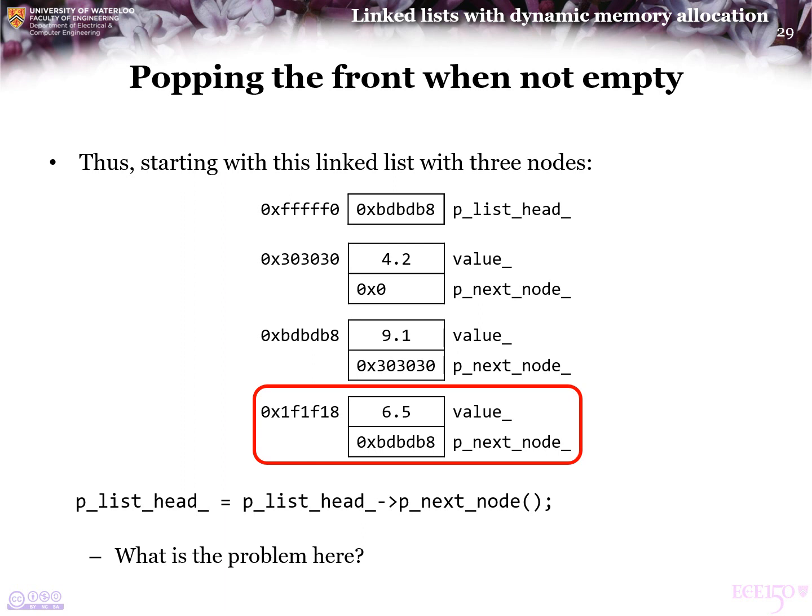But that node still exists in memory. It has still been allocated. So what we've done here is we've introduced a memory leak. We have removed the node from the linked list, but that node is still assigned to this executing program.